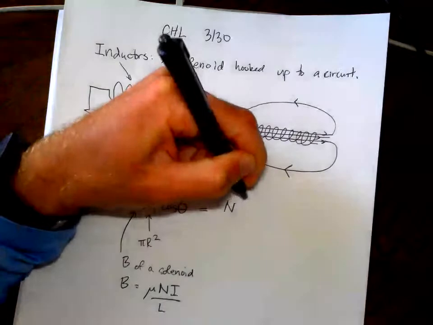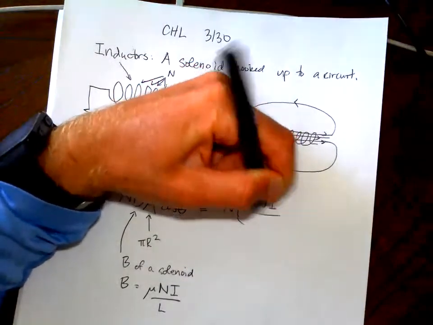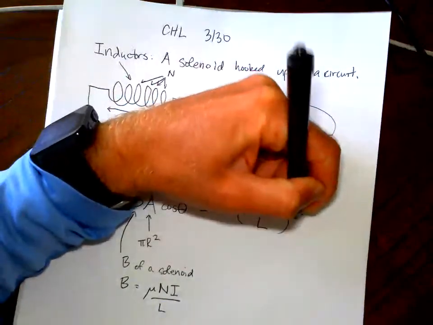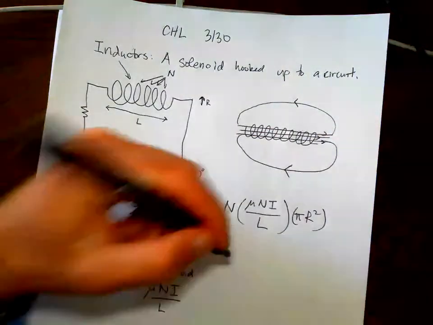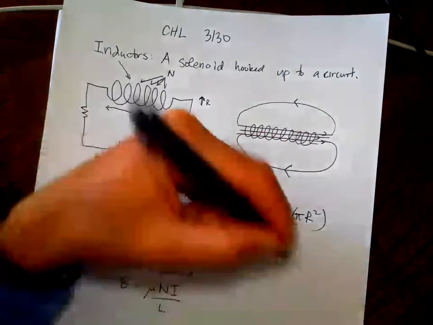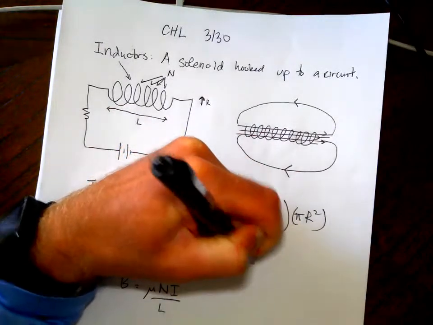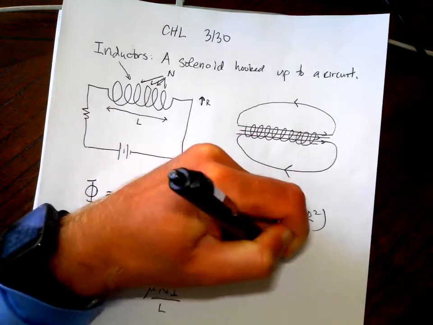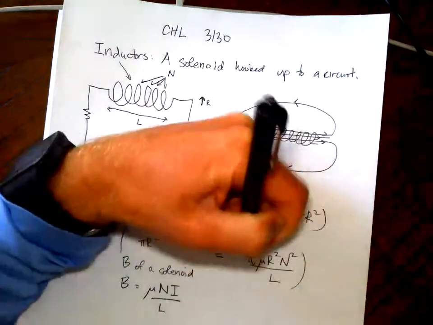N times mu n I over L times pi r squared. Now I'm going to sort of collect terms. Going to write it as pi mu r squared n squared over L times I.